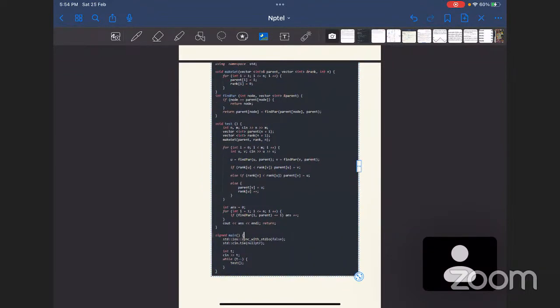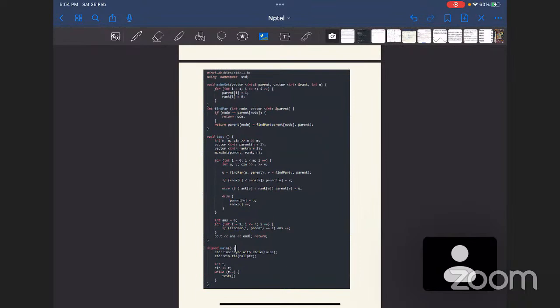So if you see, we are taking t number of test cases, and then we are calling the test function.